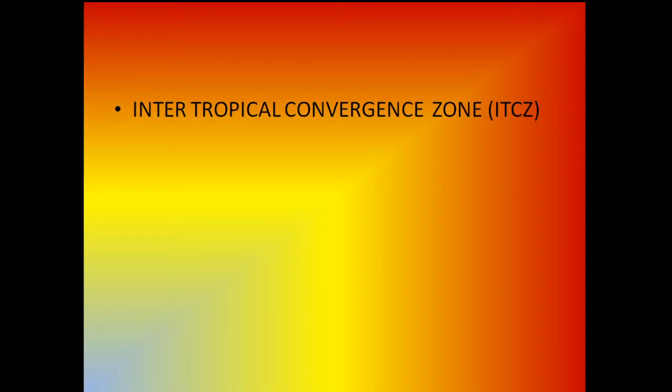Here the northeast and the southeast trade winds converge. This convergence zone lies more or less parallel to the equator but moves north or south with the apparent movement of the sun.